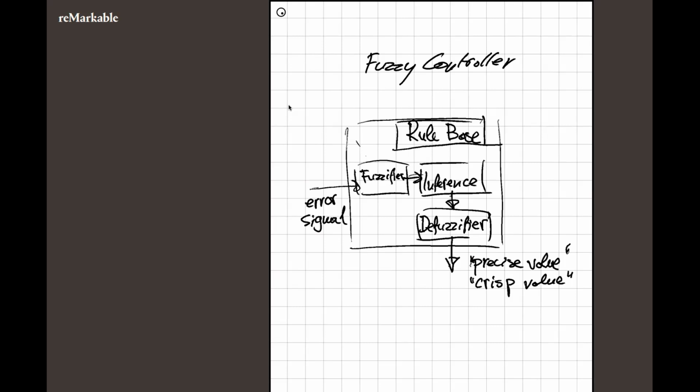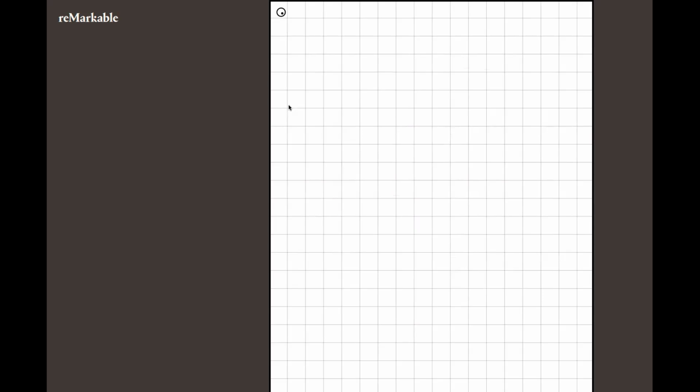So for the fuzzification, we introduced a notion of fuzzy set. And a fuzzy set in itself includes two parts.